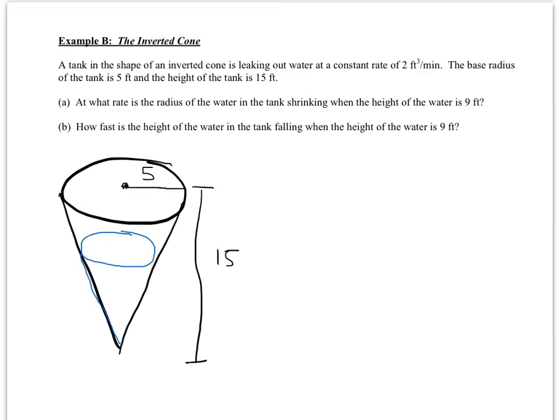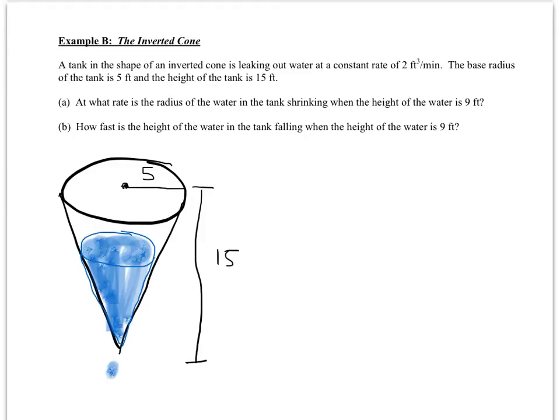Now, here's the beauty about an inverted cone. The water in the tank is like another cone, and it's similar to the shape of the original tank that we had. So if you're imagining this cone right here of water, let me give you a highlighted view of what the water looks like, and it's slowly dripping out.